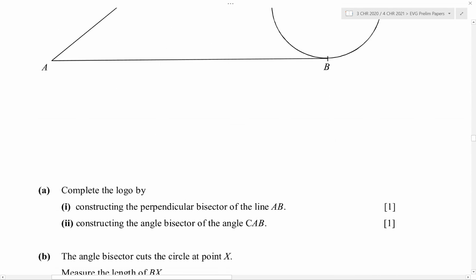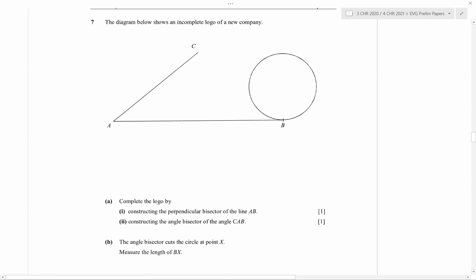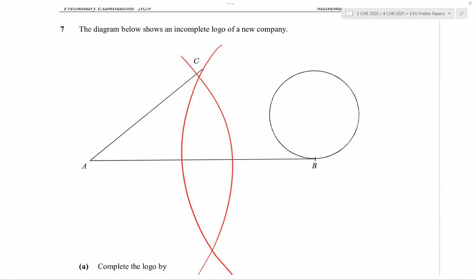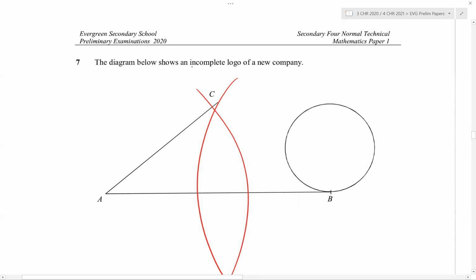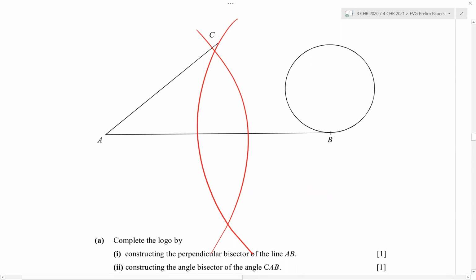Question 7. Okay, this is still tested. Perpendicular bisector of AB. So you'll draw one line like this, one line like this. Okay, so that's the cockroach. Then join up the 2 points.